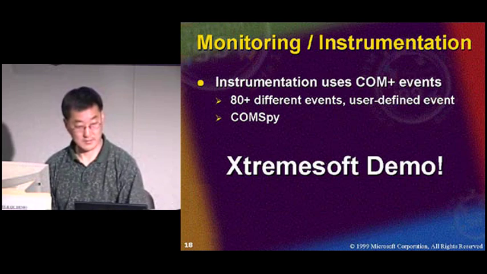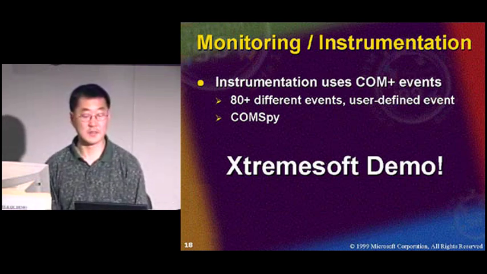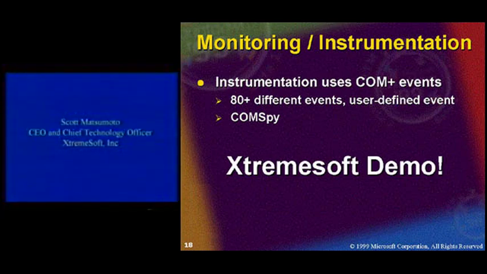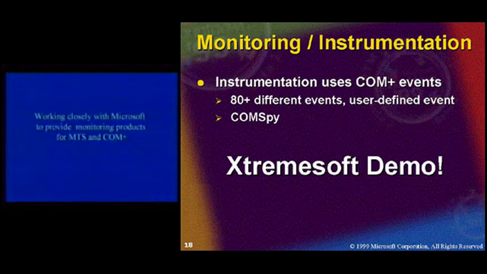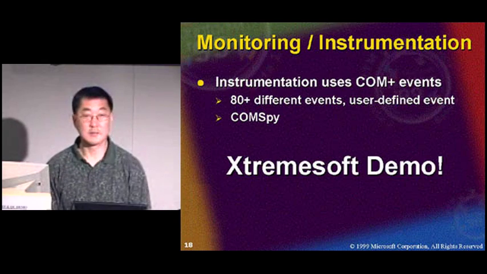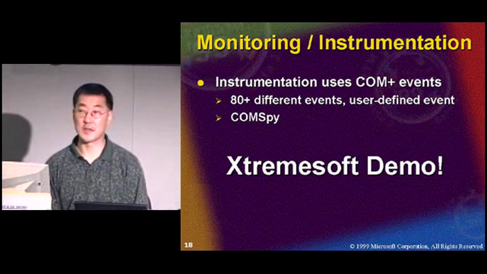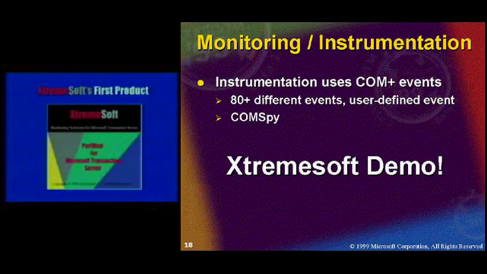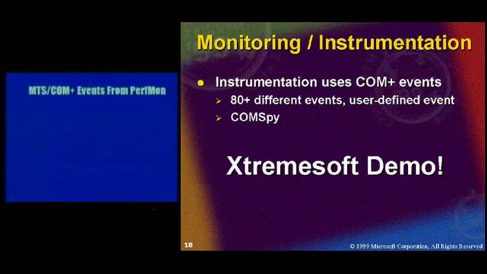So my name is Scott Matsumoto, and I'm the CEO and the CTO of ExtremeSoft. We're working very closely with Microsoft. We have been for the last 6 to 8 months to provide monitoring tools for both MTS and COM+ applications. Our first product is available now. It's a set of perfmon extensions to bring you the same information that you can get from the MTS Explorer through perfmon, as well as being able to monitor all the various system metrics about each package server.